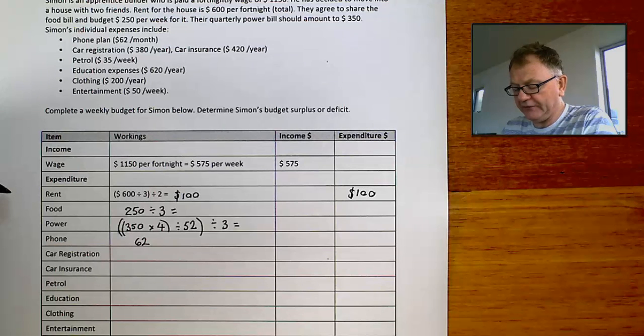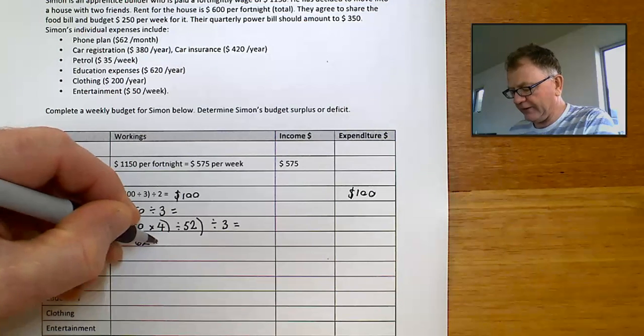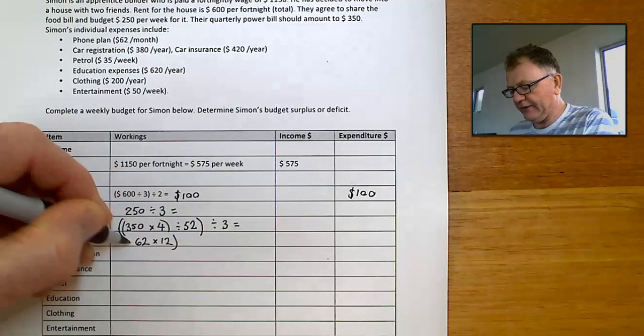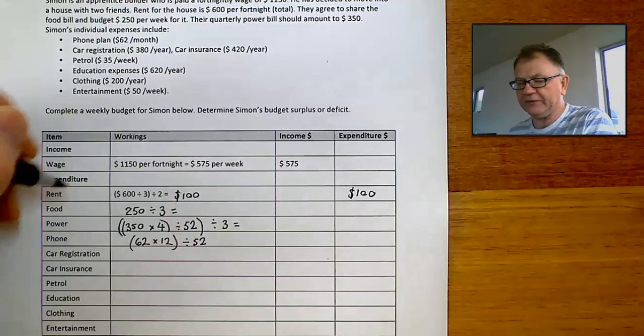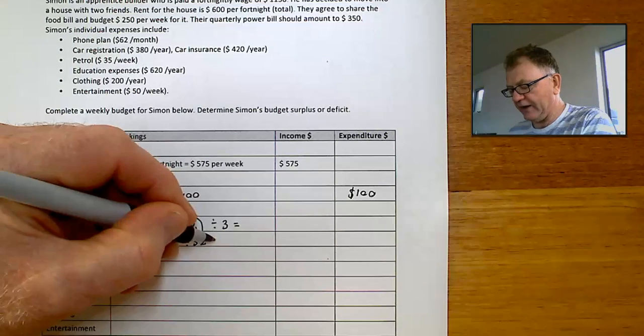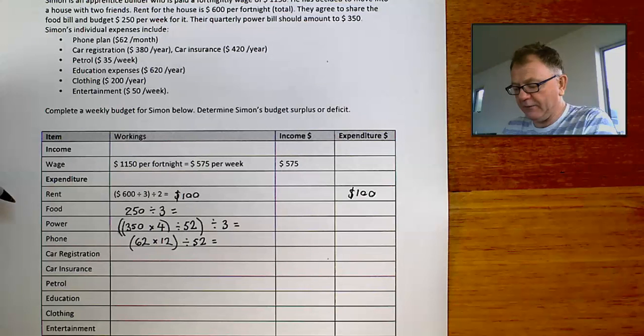To get the best estimate, $62 a month, we multiply that by 12 to give us a yearly amount, and then divide it by 52, because there's 52 weeks in a year. That will give us Simon's weekly amount that he should allow for his phone.